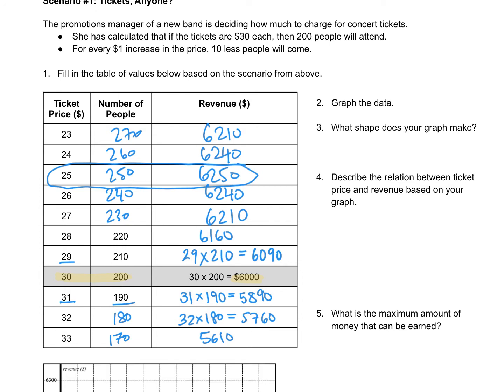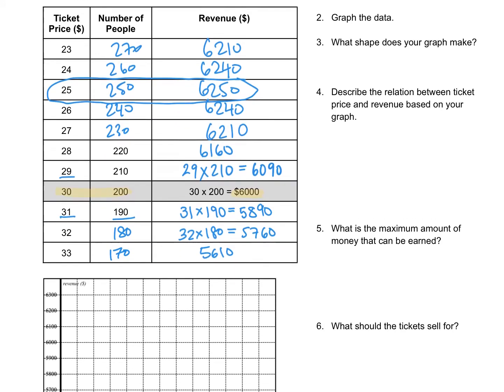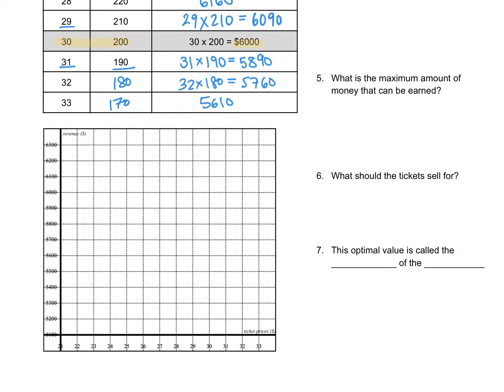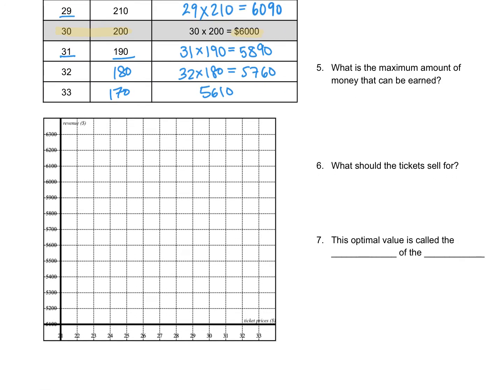Now let's go ahead and take this information and plot it in our chart. So looking at your page, you're going to look at number of tickets on the bottom and the revenue at the top. And you can pause the video here to fill in. You are going to have to estimate a little bit. So for $23, the revenue was 6,210.